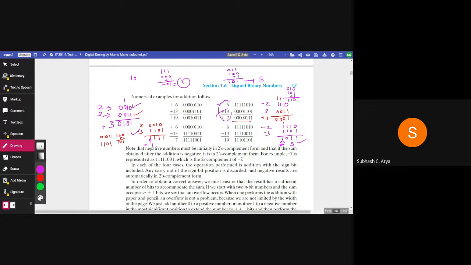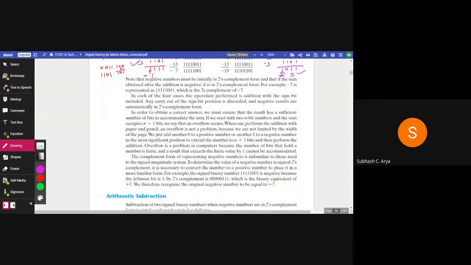This is what we do in normal mathematics. But when we represent numbers in binary 2's complement form, we don't bother about comparison or subtraction. We simply do the addition. Okay, so this is how we simplify the hardware implementation in a computer.